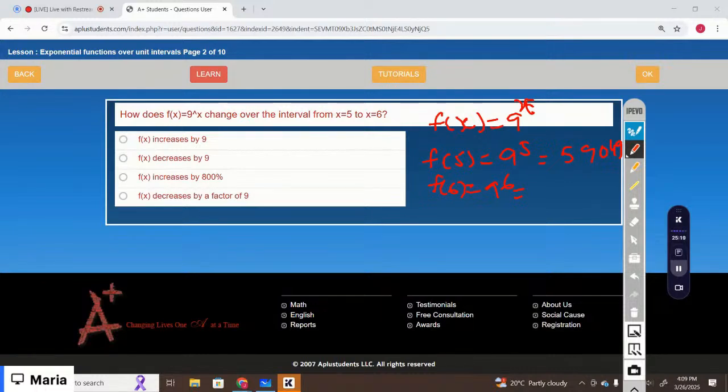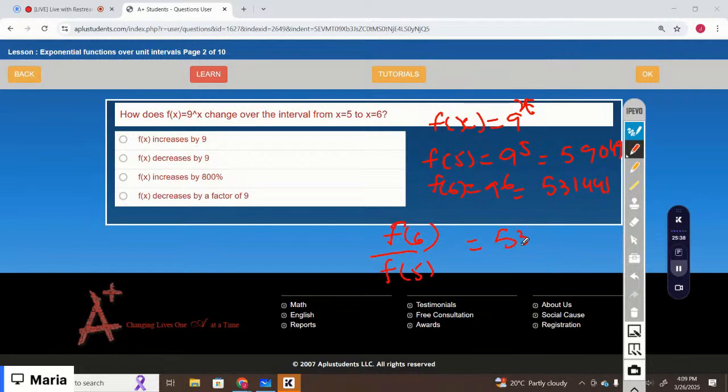So let's just multiply 9 six times: 1, 2, 3, 4, 5, 6. That is 531,441. Now let's just divide f of 6 divided by f of 5.